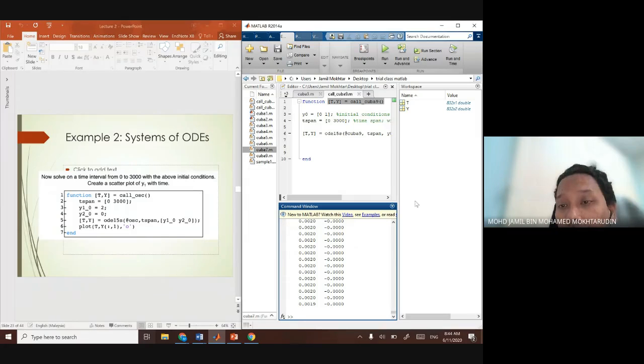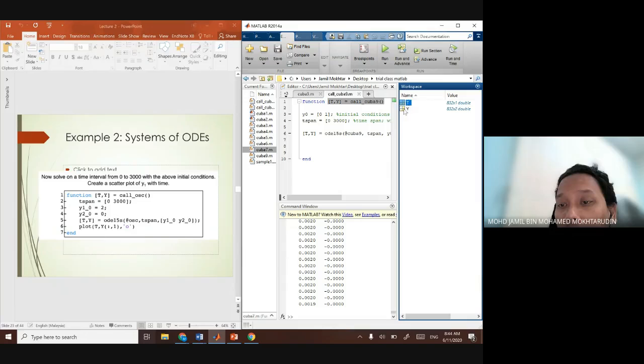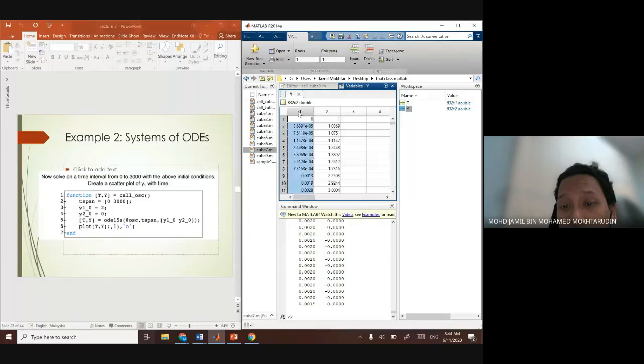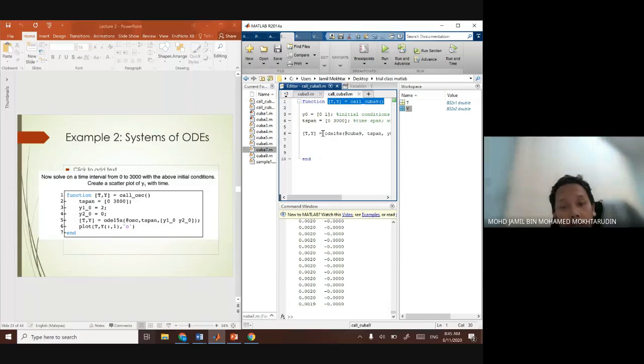Okay, so you get your time and your y. So you get two values of y. The first column is y1 and the second column is y2. So from here you can plot your y graph. So the example given here plots for y1.